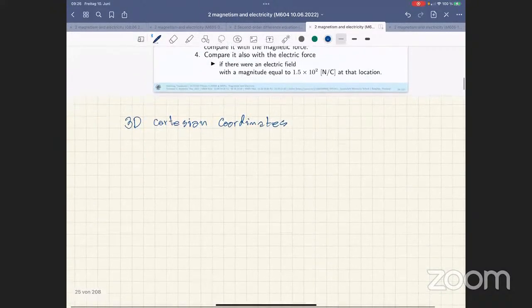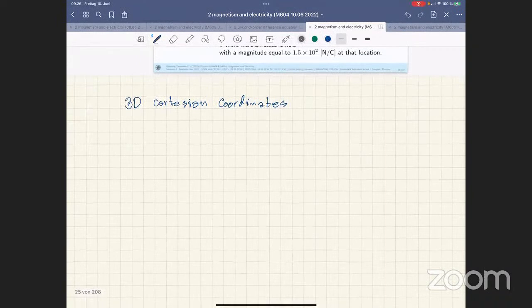It means we have the positive x-axis, the y-axis like this, and the z-axis like that.